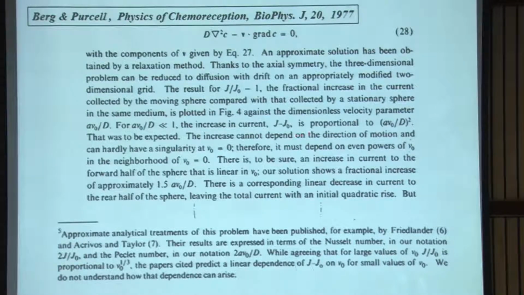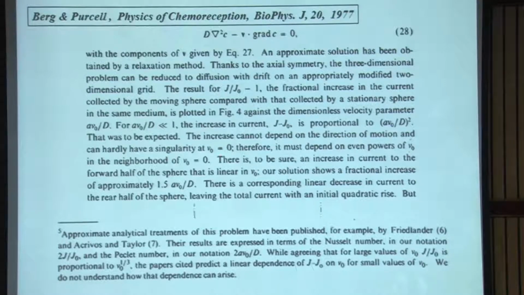And then they say that the increase in current is proportional to (a v naught by D) whole squared, and that's the Peclet number. They say that was to be expected. The increase cannot depend on the direction of motion and can hardly have a singularity at Peclet equals 0.